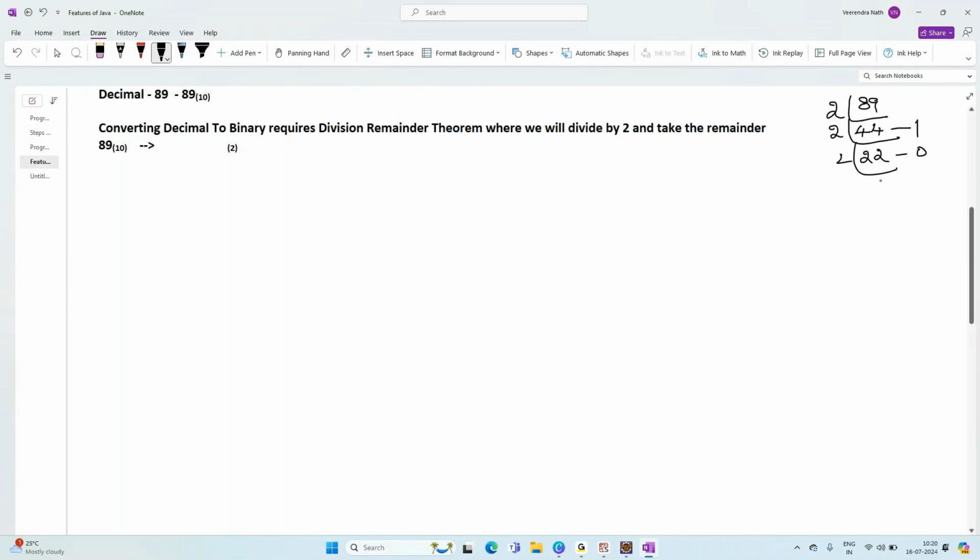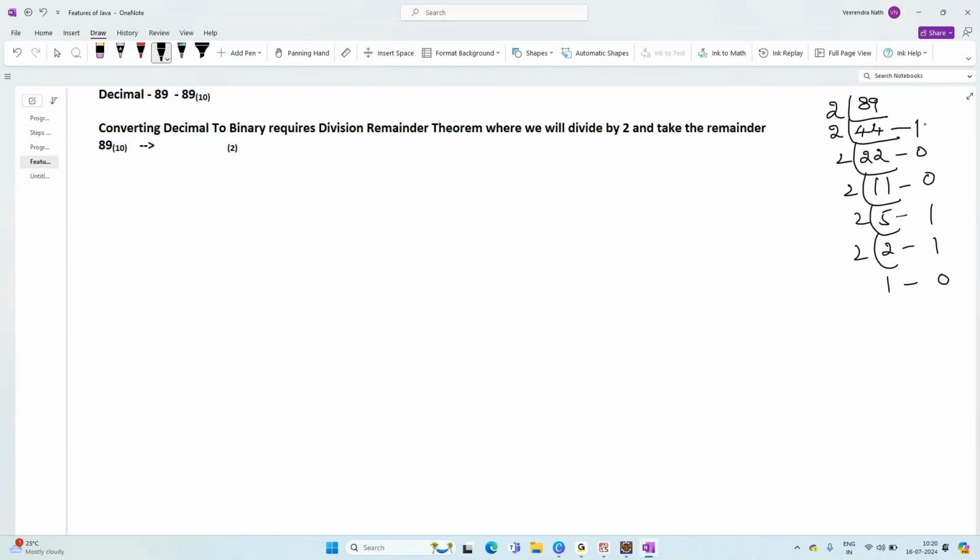Next 2 11s, the remainder is 0. Next 2 5s, remainder 1. Then 2 2s, remainder 1. Then 2 1s, remainder 0. Until you get 0 or 1, you go on doing it.